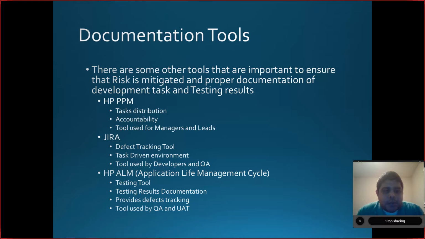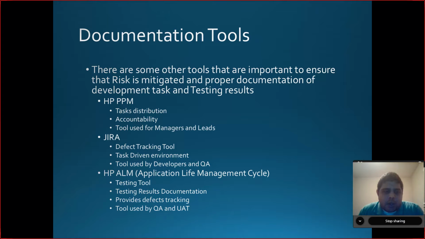So, some of the other documentation tools that could be used in order to mitigate risk. One is called HP PPM. This tool can be used for task distribution and accountabilities, and it is used by managers and leads.